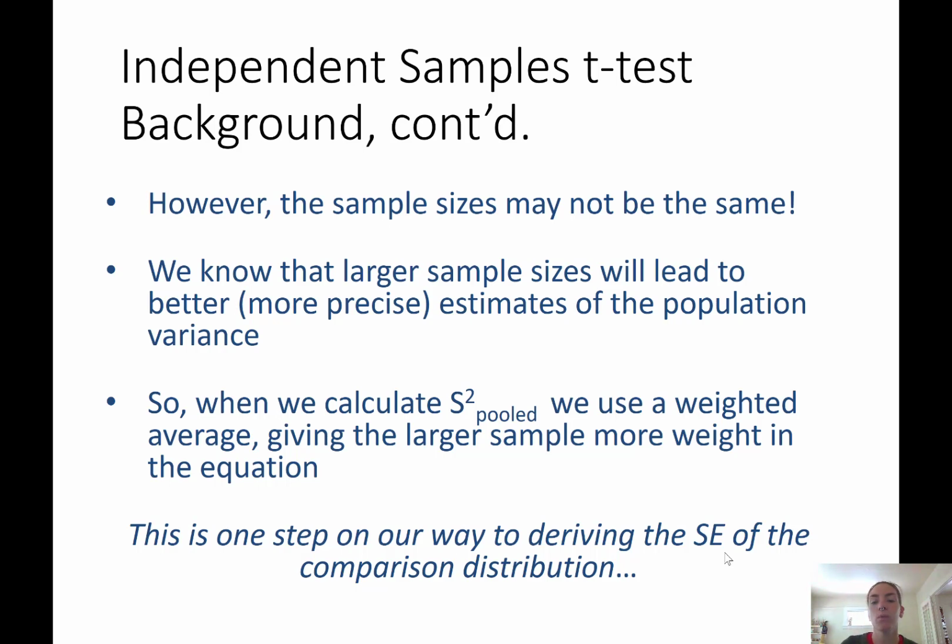We calculate what's called a weighted average, which gives the larger sample size more weight in the equation. So if one of your groups has more people in it, then we assume they have the best guess for what the true population variance is, and we'll weight that group higher when we calculate the pooled estimate.